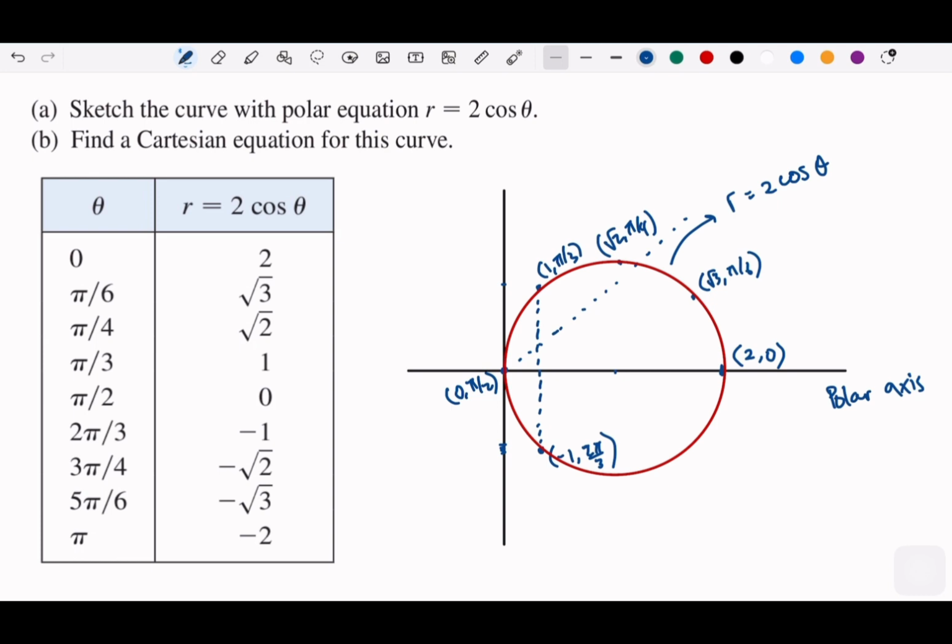I think these four angles, 0, pi over 2, pi, and 3 over 2 pi, will be the very foundation of the first sketch of your polar curve. You could start from those four corners to see how your curve will end up. Okay, so that is 2 cosine theta.